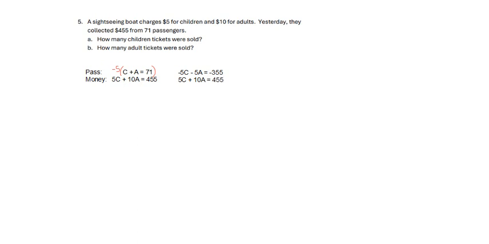All right. Well, as always, first equation, in this case, children are going to go away. And what we're left with is 5A equals 100. All right, from here we can divide both sides by 5.